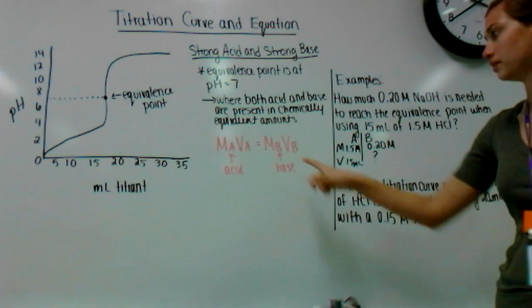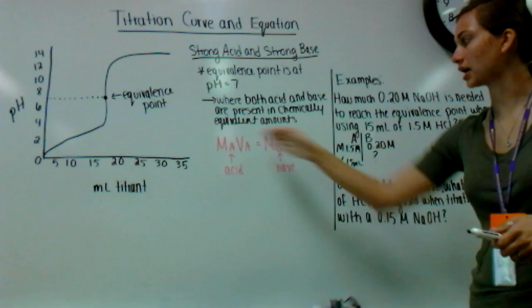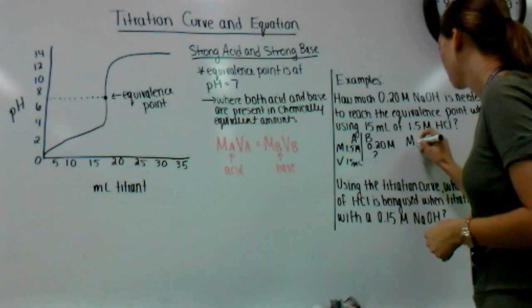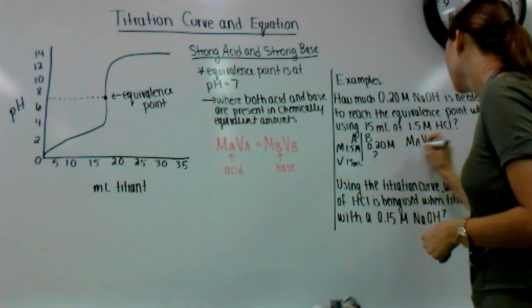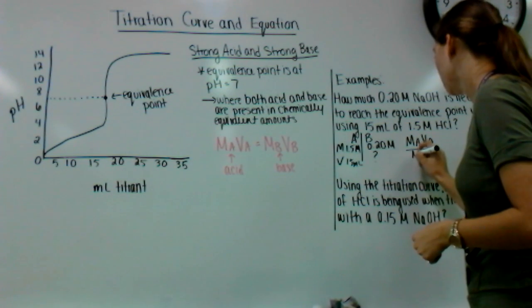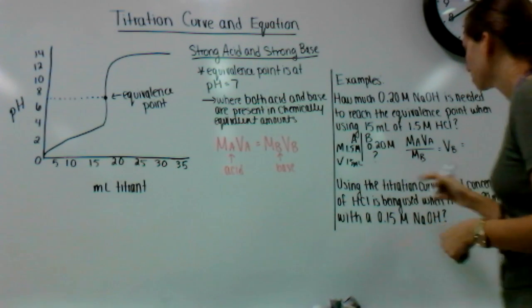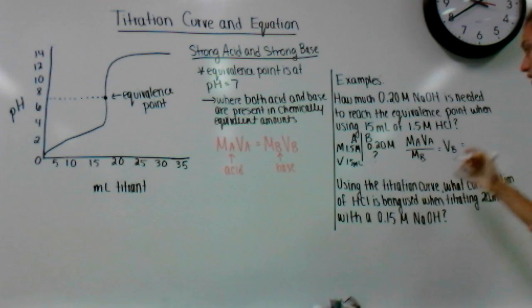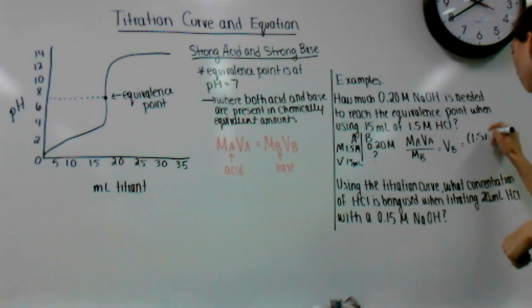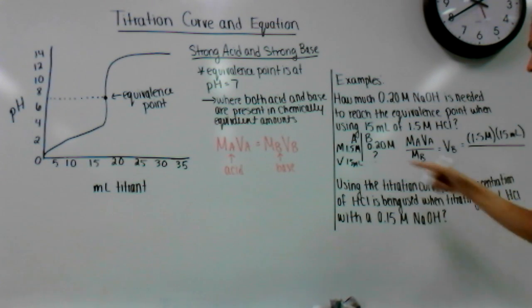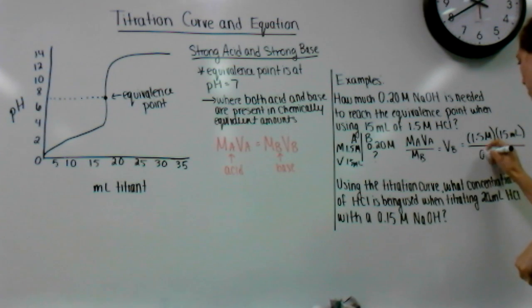So here we're solving for VB, so we're going to divide both sides by MB so we can get VB by itself, and we're going to end up with MAVA divided by MB is equal to VB. Now we're just going to plug in the numbers that we have. The molarity of the acid is 1.5 molar. The volume of the acid is 15 milliliters. Divided by the molarity of our base, which is 0.20 molar.